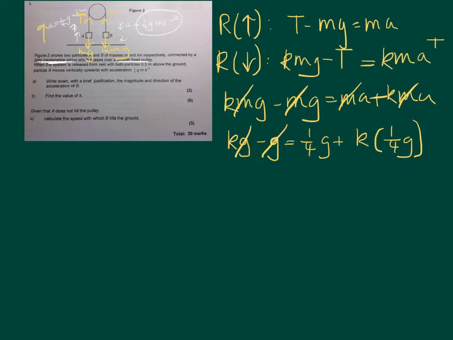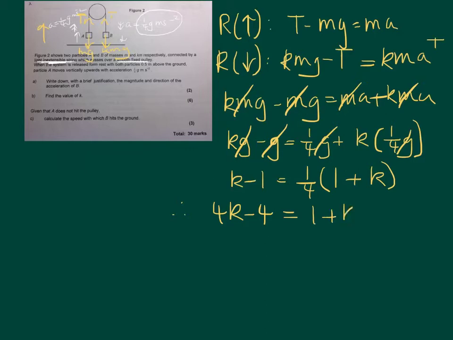Okay, we can cancel all these g's as well, and then we've got k minus 1 equals a quarter of 1 plus k. So 4k take 1, this is multiplying both sides by 4, equals 1 plus k. Therefore 3k, taking k from both sides, equals 5, adding 4 to both sides, therefore k equals 5 over 3.